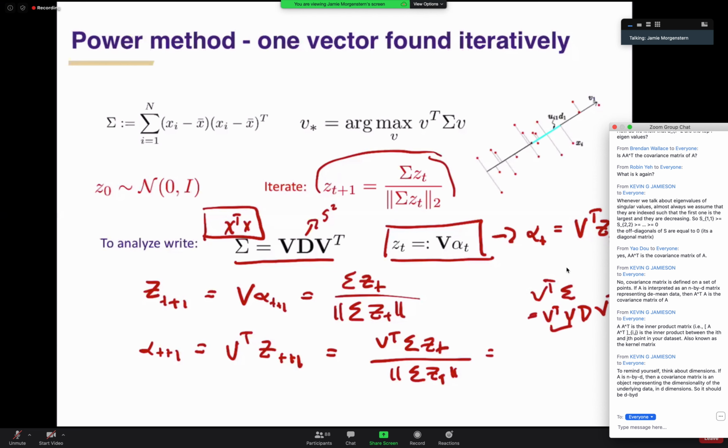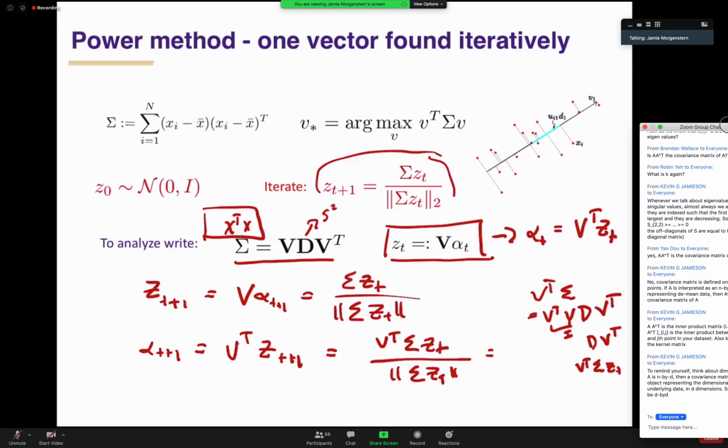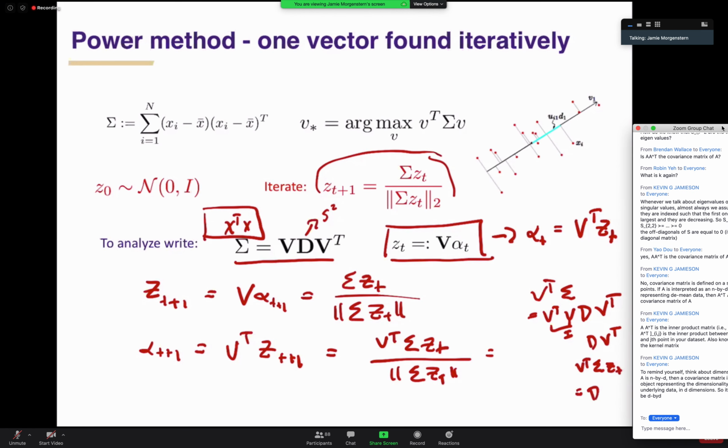These again are equal to the identity, so we then have D V transpose. And if we multiply that by Z_t, V transpose sigma Z_t is equal to D V transpose times V alpha_t. And again, this is the identity. So the numerator of this whole thing is equal to D alpha_t.